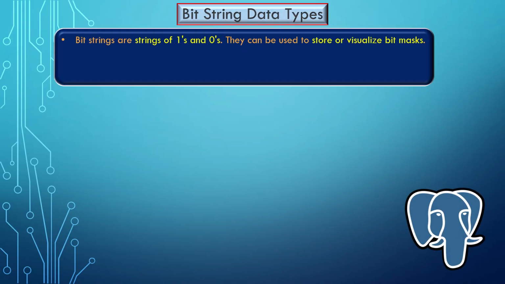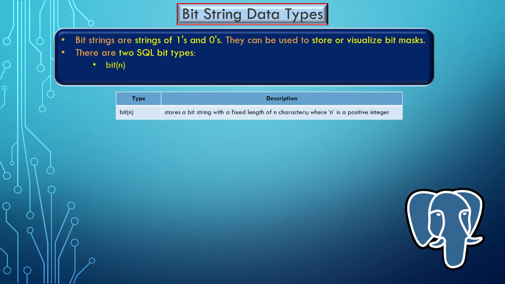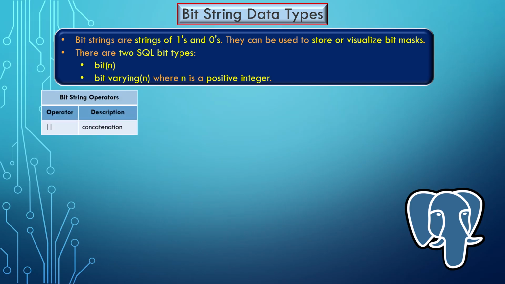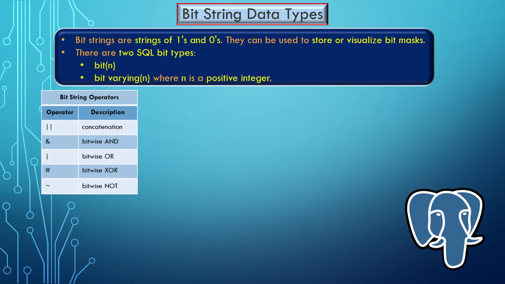Bit strings are strings of ones and zeros. They can be used to store or visualize bit masks. There are two SQL bit types, bit(n) and bit varying(n), where n is a positive integer. There are also bit string operators: concatenation, and, or, exclusive or, not, shift left, and shift right.